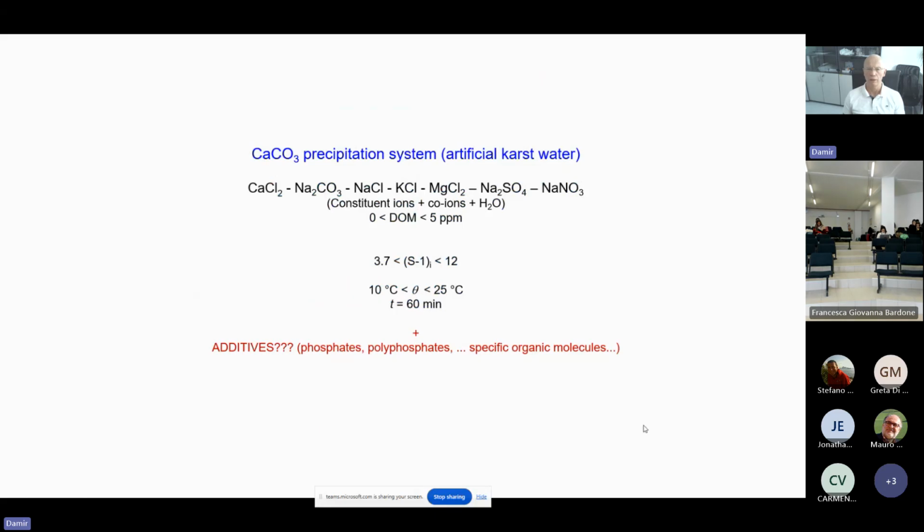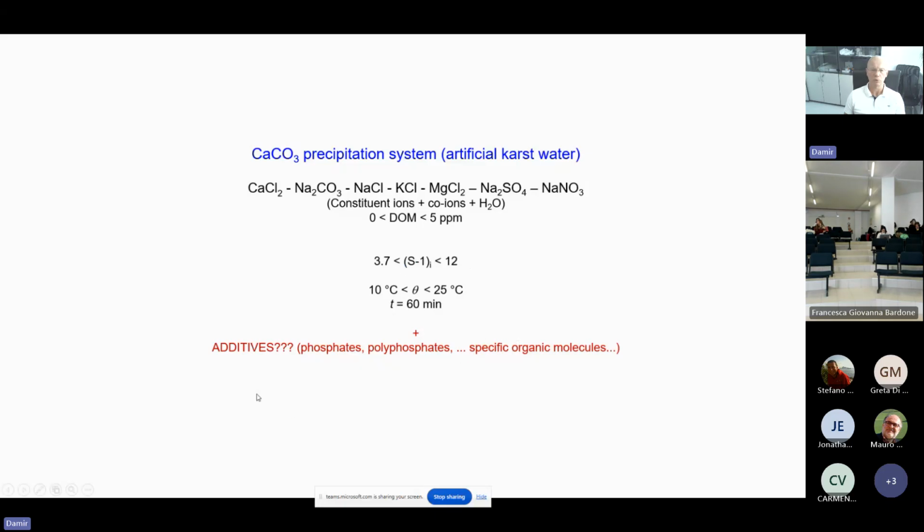So the precipitation system, this is a kind of conclusion: artificial karst water is made by dissolving calcium chloride, sodium carbonate, sodium chloride, potassium chloride, magnesium chloride, sodium sulfate, and sodium nitrate, and the concentration of dissolved organic matter is somewhere between 2 and 5 ppm. The supersaturation that is possible to investigate in this system ranges between 12 and 3.7, and the range of additives is much higher.